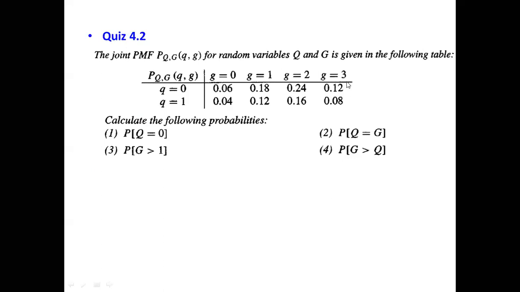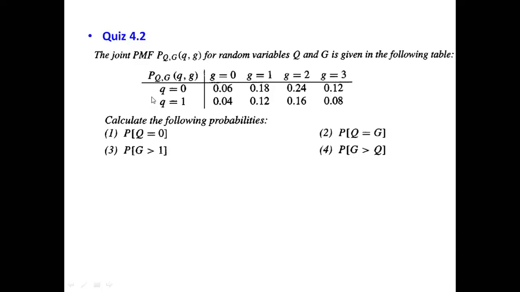Now let's see quiz 4.2. We've been given a joint PMF PQG for random variables Q and G. Similar to the previous example, this is another example. We have some Q values and we have some G values.